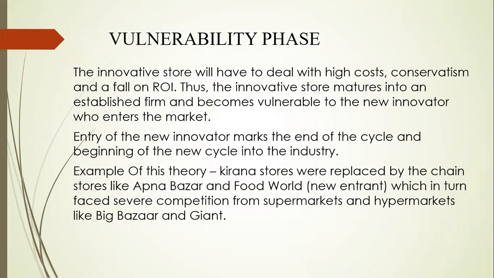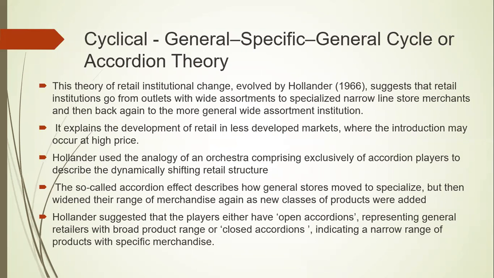Now, the next theory, if you see, is a cyclical theory again. It's called the accordion theory, and we can say the general cycle theory. It was developed by Hollander. He suggests that retail institutions go from outlets with wide assortment to specialized narrow line store merchants, and then back again to the more general wide assortment institution.